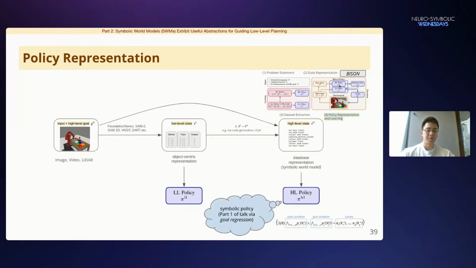For the high-level policy, we will just reuse our approach from part 1 of this talk with some minor additions and extensions to handle non-deterministic and open-world environments. But the main takeaway is that these high-level policies are symbolic policies, again consisting of symbolic conditions and actions. And key to our approach for the low-level policy is that we're going to learn a very lightweight, small 30,000 parameter model.